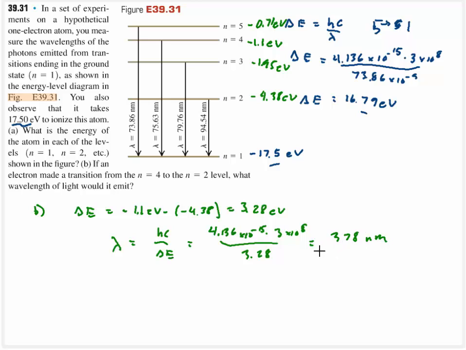That does pass my feel-right test because this is still in the ultraviolet, but closer to visible light than any of these, and these have a lot of energy. This has less energy than those, so I get a warm fuzzy feeling about that.